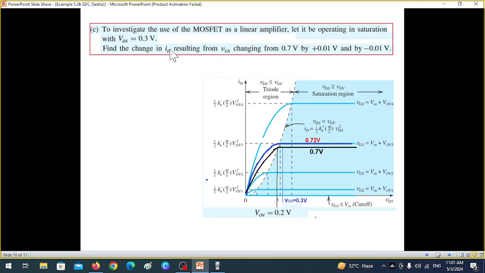Find the changes in ID resulting from VGS changing from 0.7 by plus 0.01 and minus 0.01. Okay, so we need to find the change when VGS is changing from 0.7 to plus 0.01 and minus 0.01, so both sides.